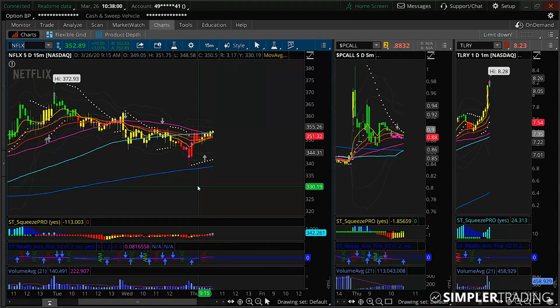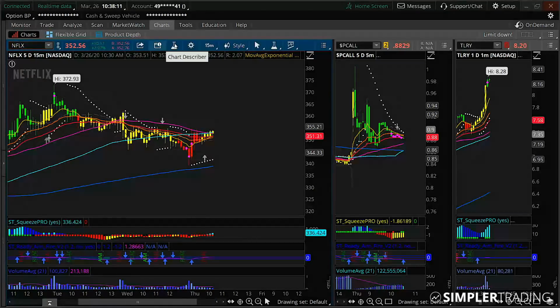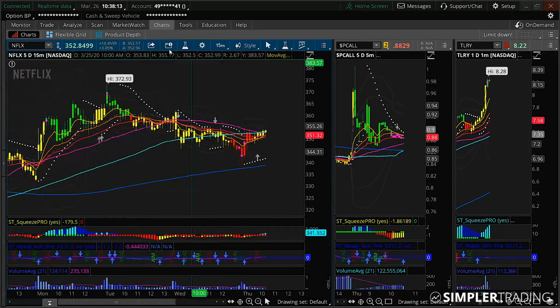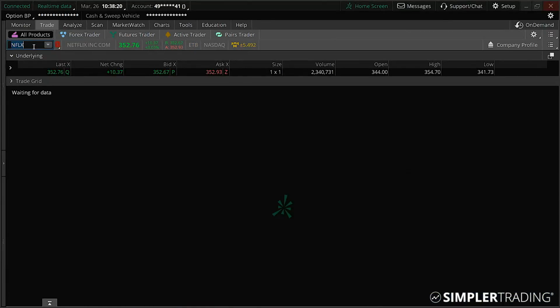Because if you're short and you've got to get out, you have to buy that back, and that causes a short squeeze. And if you have something like that on high volume, then it's an even more powerful move. So let's get into the Netflix option chain.